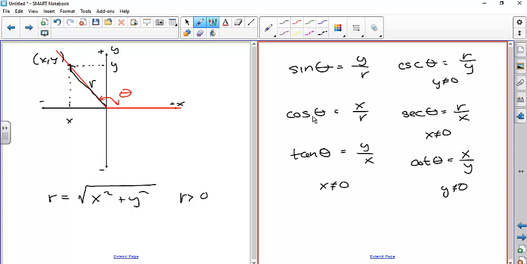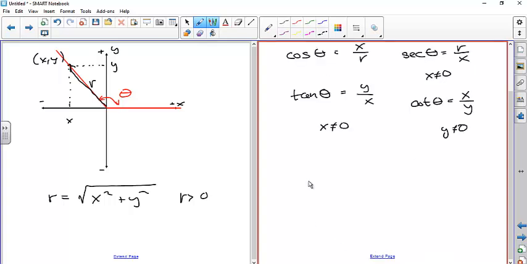Now, if I said the sine of theta is equal to negative 5/9, and I said that we were in quadrant 3, I should be able to define all the other trig functions.